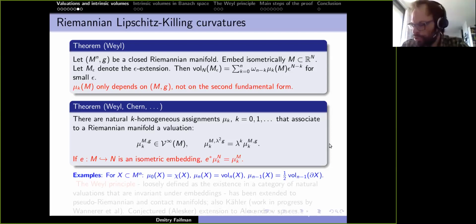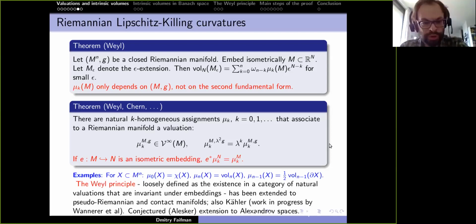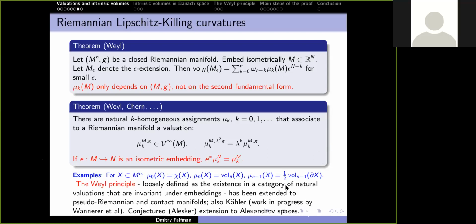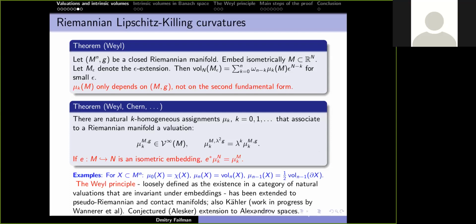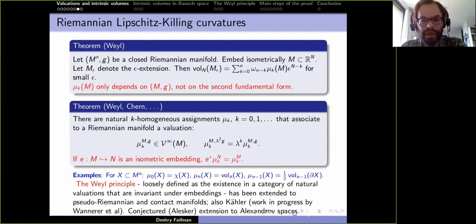And just in terms of terminology, so Weil's theorem doesn't assume smoothness of the embedding at all. It does. So right, it surely needs C2. I don't think you need more than that, but I don't know. But it definitely needs C2. I was assuming C infinity here.